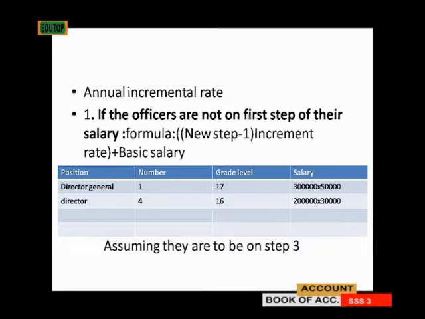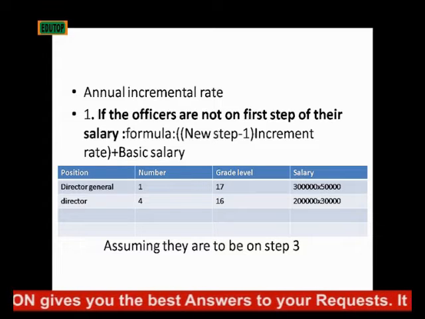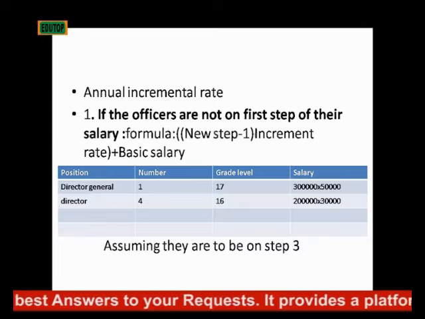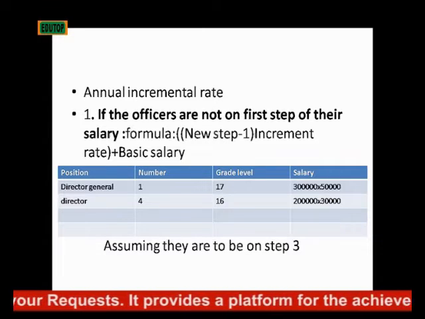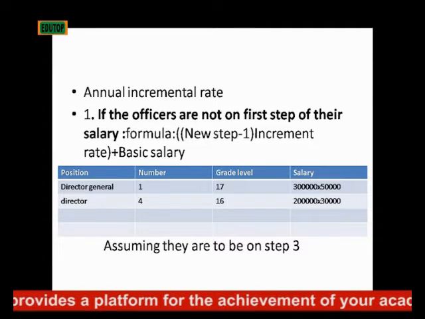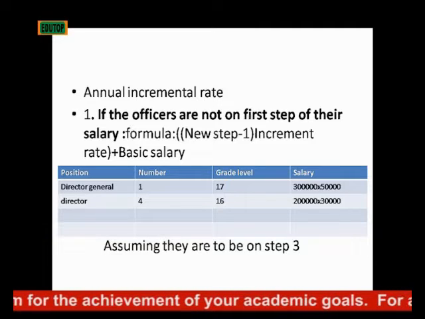Like number 1, if the officers are not on the first step of their salary, that means they are not given promotion, but they just say you should assume that for that particular post or level, maybe level 12, level 10, they should start at a particular step. So these are the instances where we have the annual increment rate.